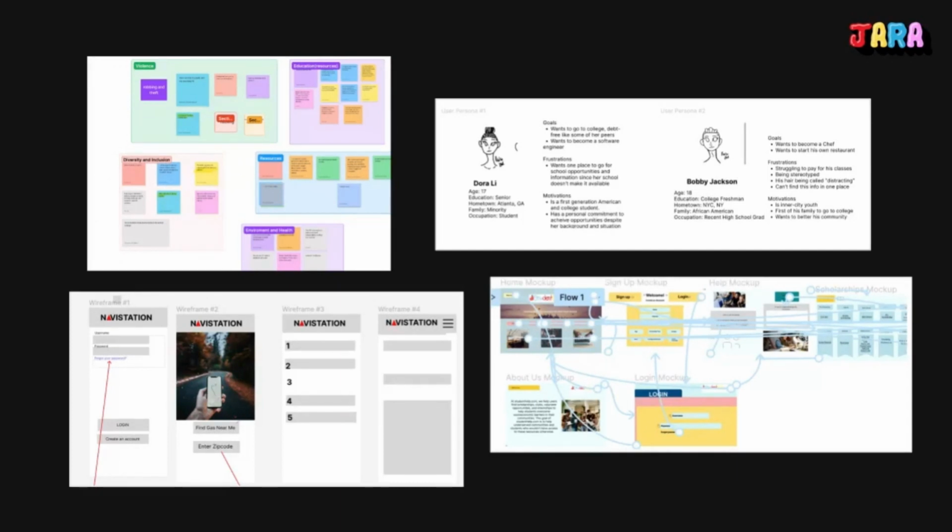Third is a lo-fi wireframe that they built. And then the final one is actually a full mock-up, full prototype, in Figma. And for anyone who has used Figma before, you know that all of these dots and arrows, etc., those are actually guides so that you can show a clickable prototype in Figma.